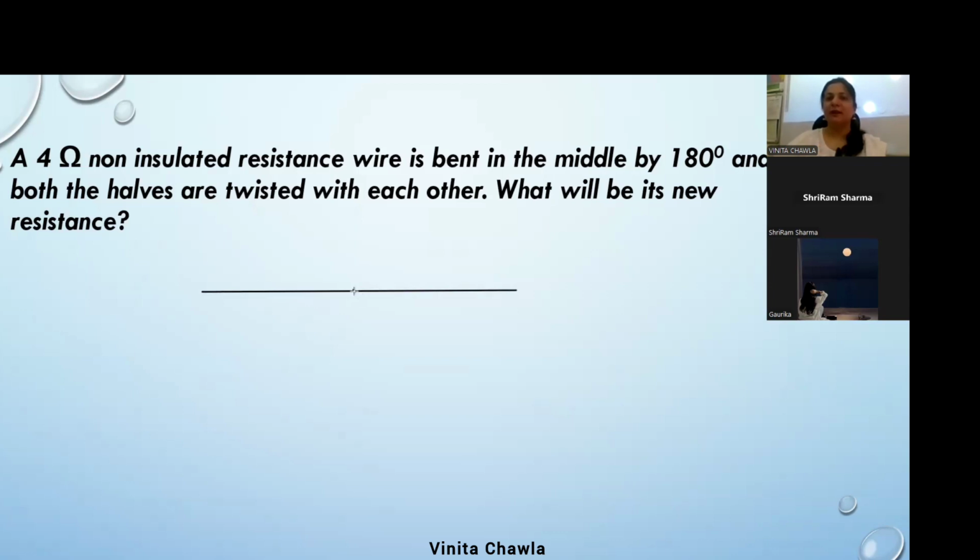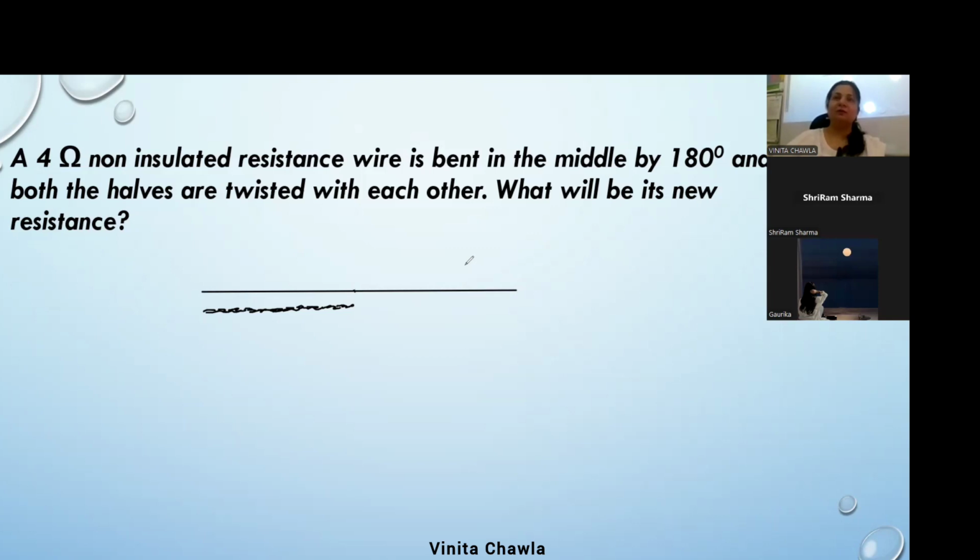This wire is bent in the middle by 180 degrees, and both the halves are twisted with each other. This means we have decreased the length and the area of cross section is increased. So what will be its new resistance?